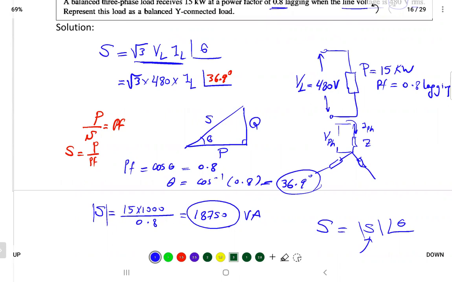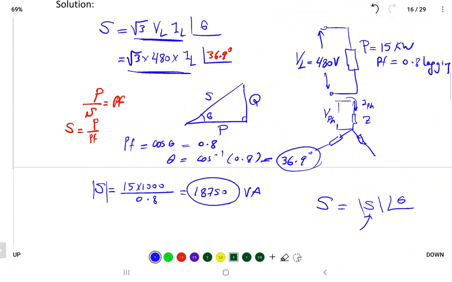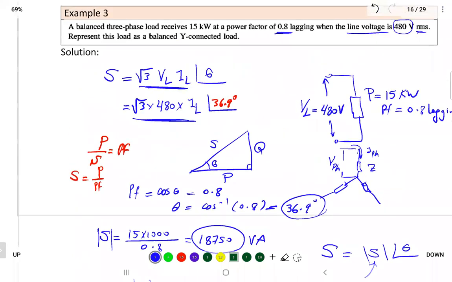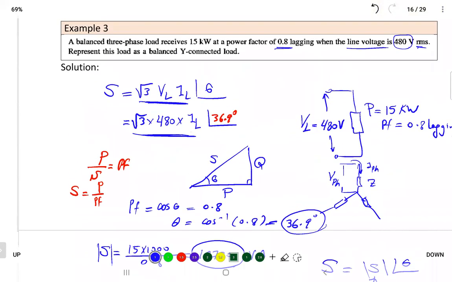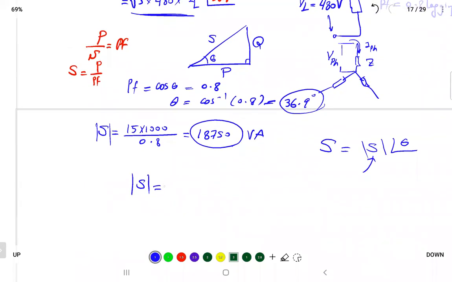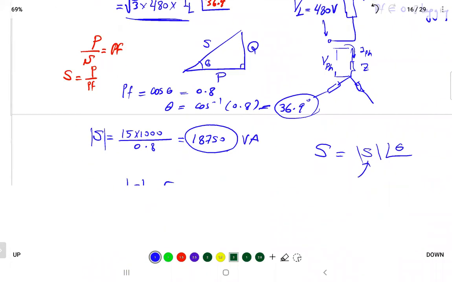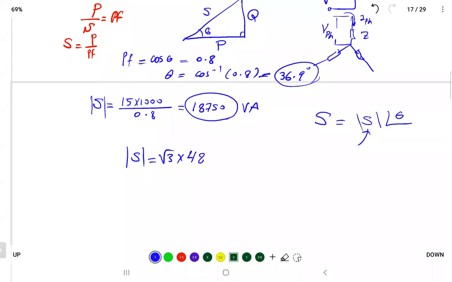The line current. Because in this formula, I'm missing the current. So I will say the apparent power S, the magnitude, is √3 times 480 times IL. It should be equal to 18,750 volt-amps.